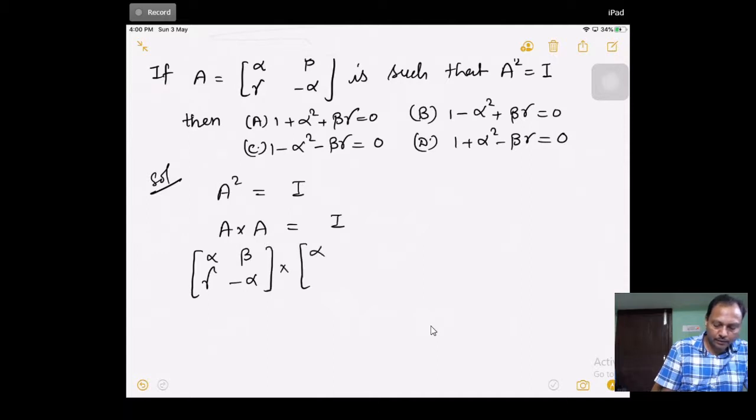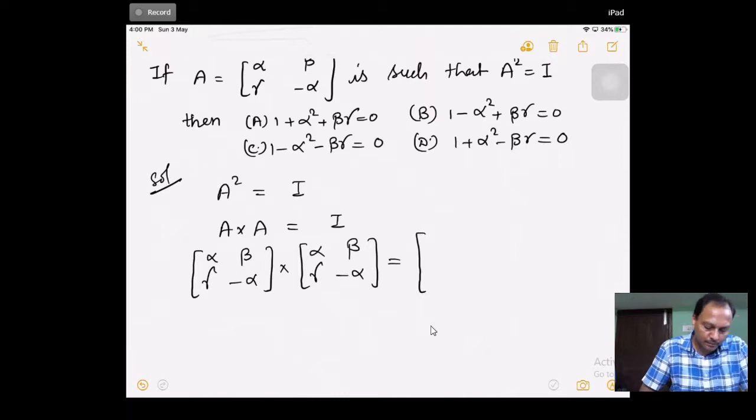Again, the same values, and the result, the product of two matrices, is of the order number of rows of first matrix and number of columns of second matrix. It means it is a 2 by 2 order unit matrix.